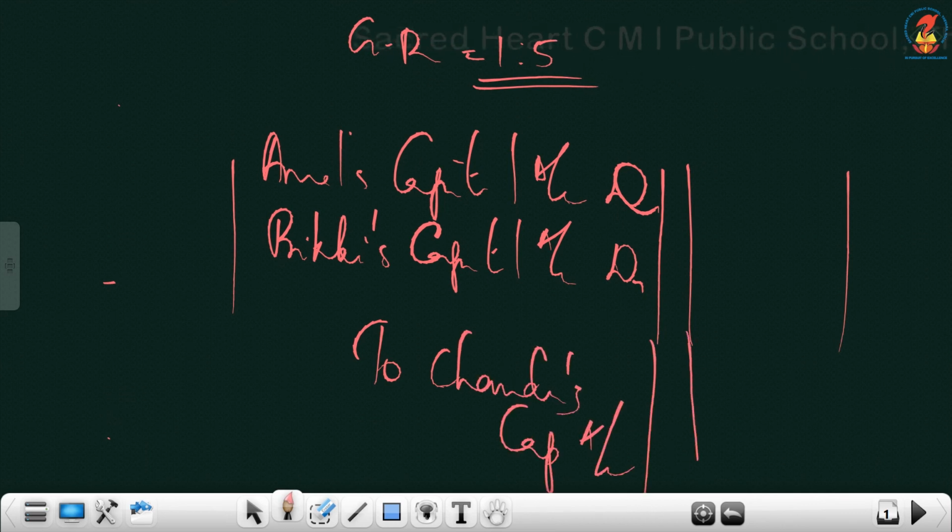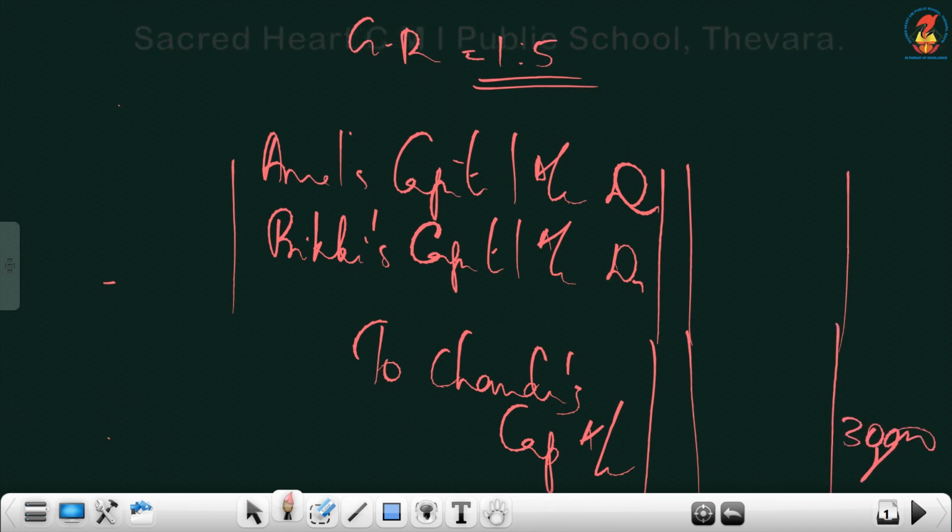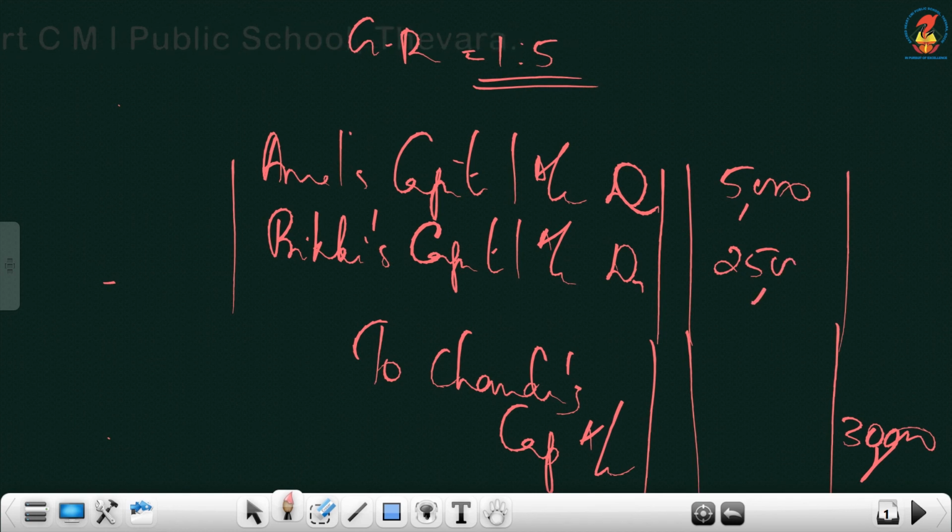What is Chandu's share? 30,000. That we'll divide in the gaining ratio of 1:5. So it is 30,000 into 1/6. That is 5,000 and 25,000.